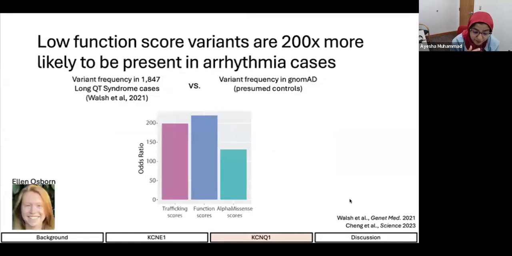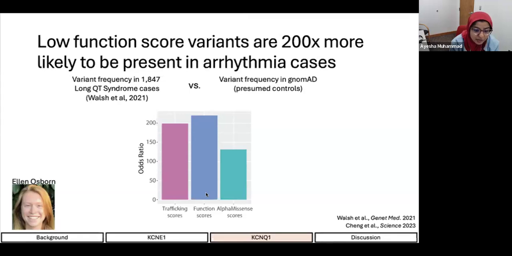Furthermore, we looked at variant frequency for low function score variants in known published arrhythmia cohorts versus variants in gnomAD. And we found that low function score variants, so again, on the x-axis, we have trafficking scores, function scores, and AlphaMissense scores, and on the y-axis, we have the odds ratio of variant frequencies present in cases versus controls.